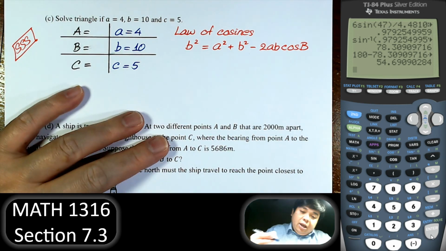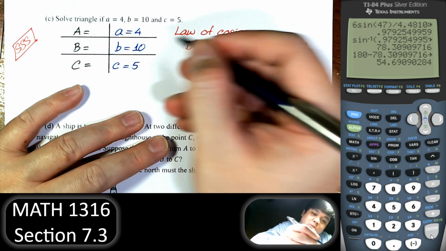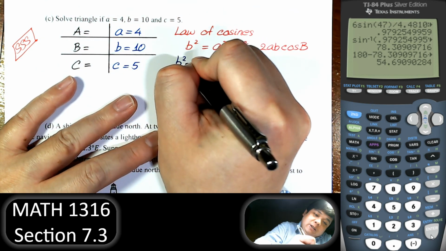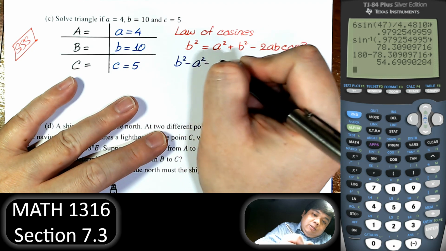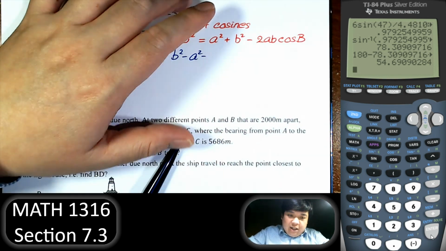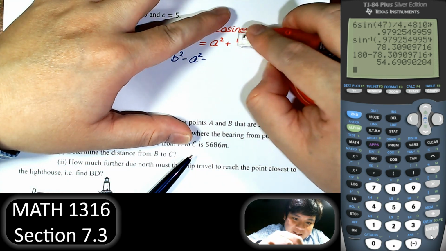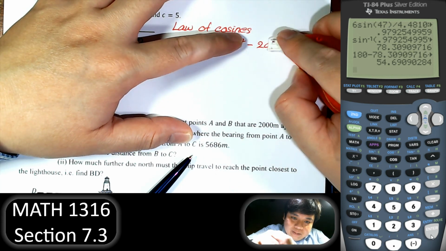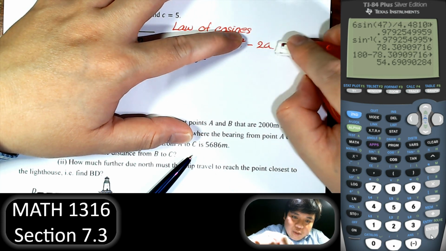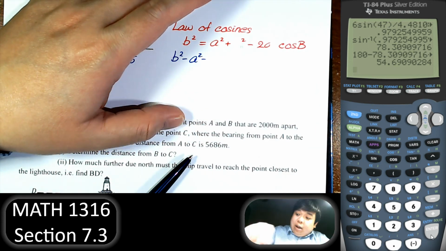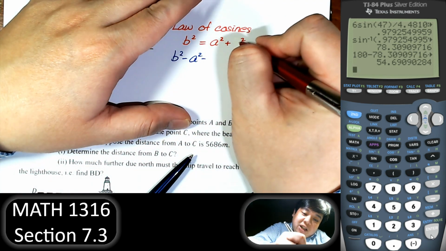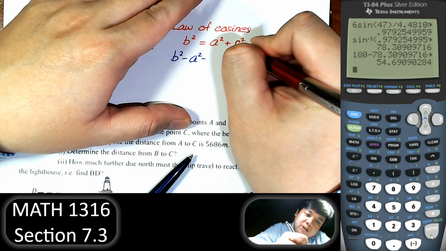Alright, so we once again subtract a square, b square. Sorry, if we start with b, we end up with b, but anything in the middle has to be something else.